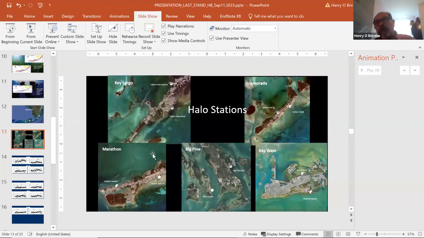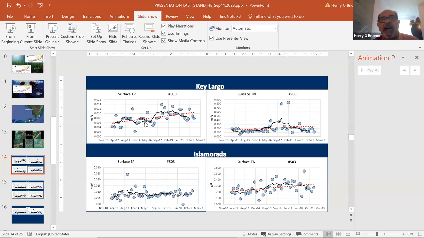So we have data from 2011 here, and we are beginning to be able to outline trends in the concentrations of these nutrients. All of this comes from your cities, from your canals, from your gardens, from your golf courses, from fertilizers, you name it.